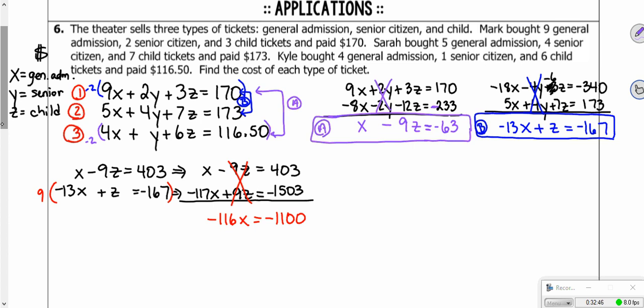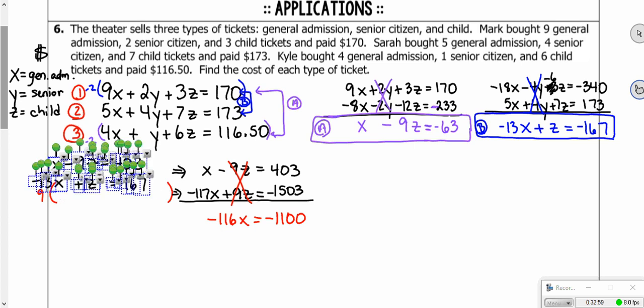So then that changes. Oh gosh, my eraser is probably going to screw this up. I don't know what my smartboard's doing. It's kind of possessed. This should have been a -63, and this is -167.